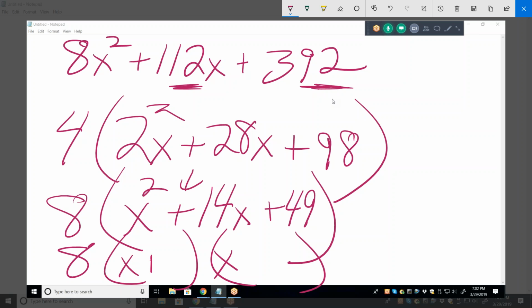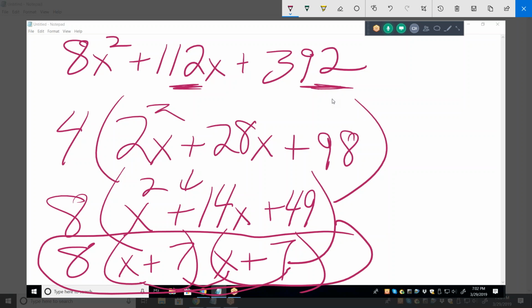And it's plus plus. Now, what factors of 49 are there? 7 and 7. And we can see immediately that's going to produce 14. In other words, if I do my inside, that's 7x. I do my outside, that's 7x. That's 14x. So that's the final answer.